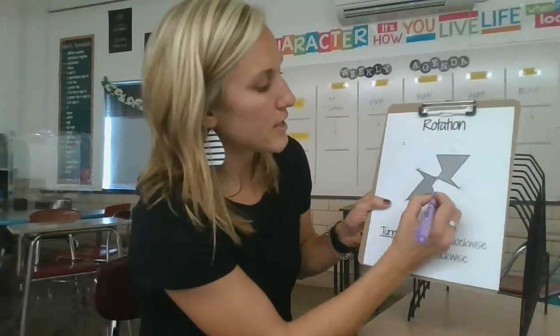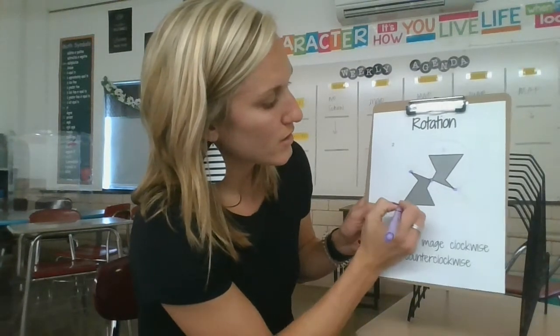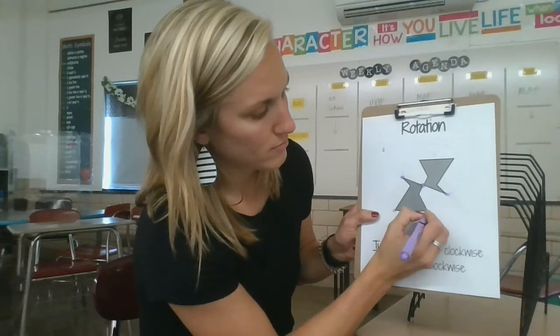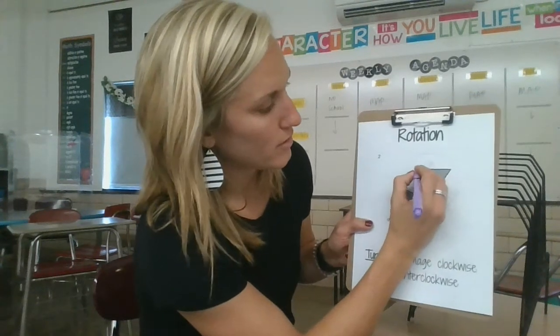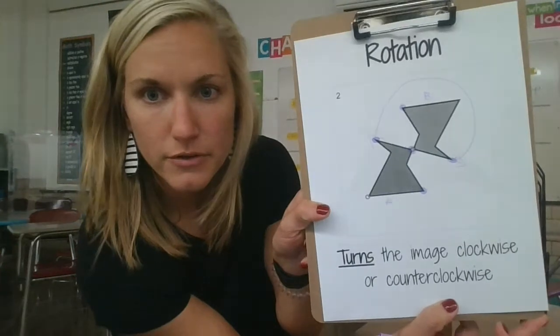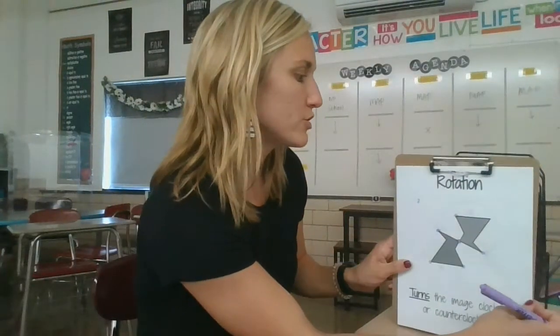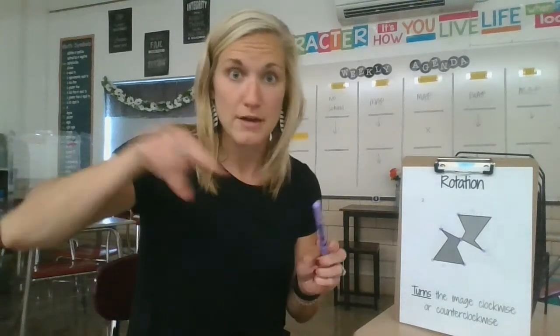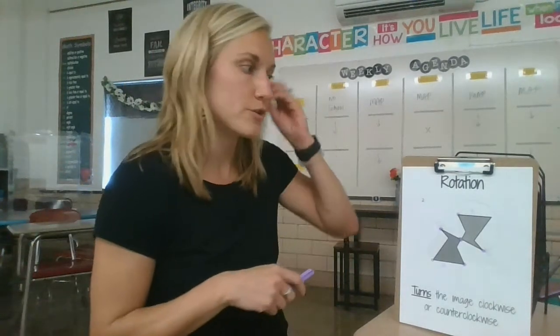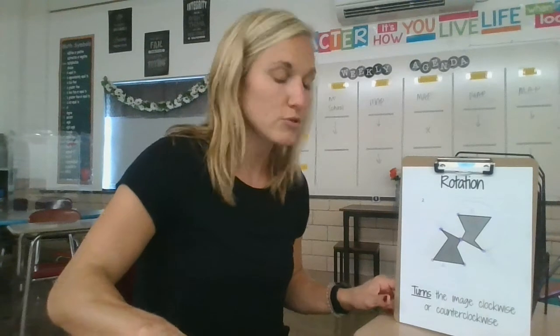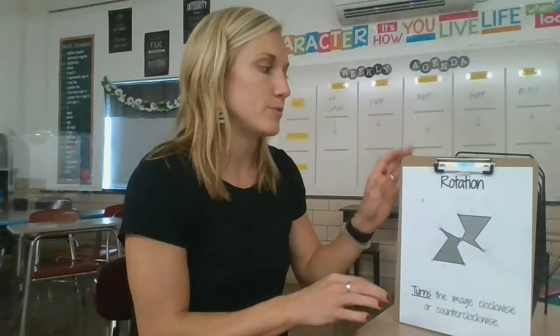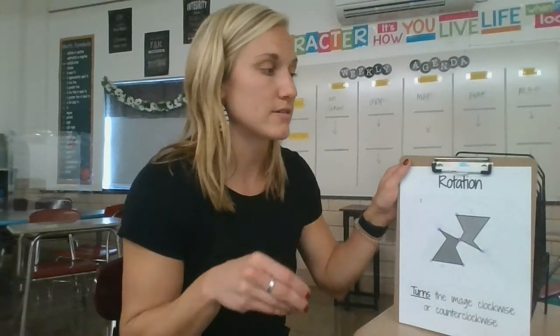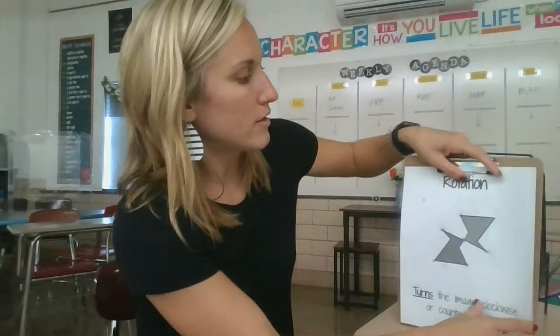And you would also notice that this piece matches up with that piece up there, okay? So rotations are going to literally spin the image and turn the image around and around either direction. And this is what we use patty paper with a lot, which is what we did earlier in the lesson, and we will also be using that in class as well. So that is a rotation.